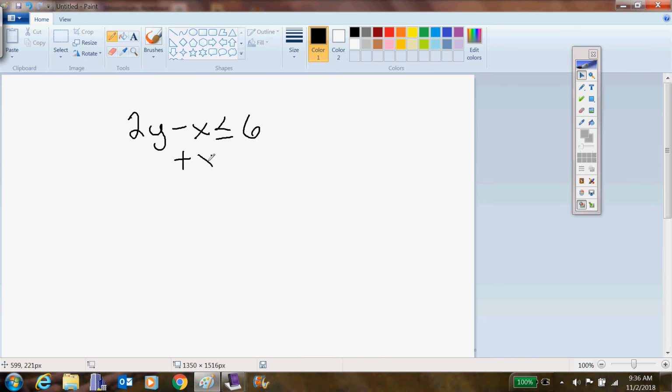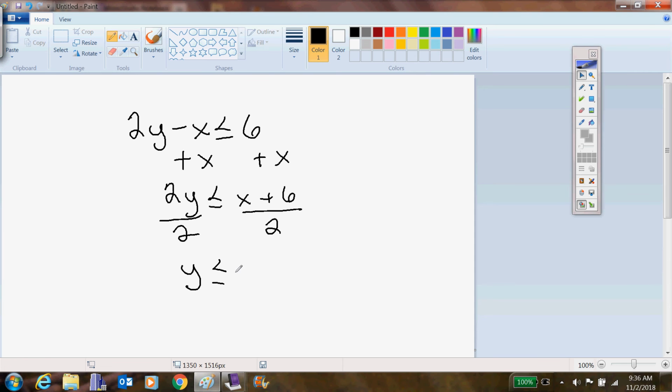Add x first to bring the x over. 2y less than or equal to x plus 6. And then what? Then divide by 2. So this is y is less than or equal to, we need mx plus b form. Half x, good, there's a hidden 1 over 2, half x plus 3.